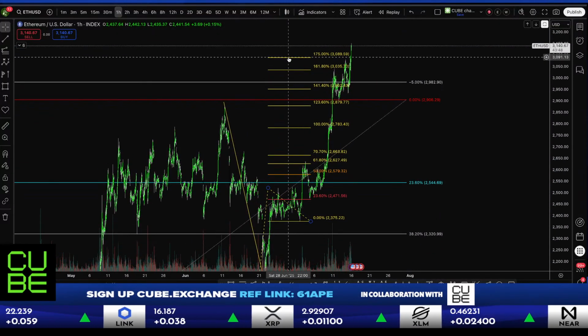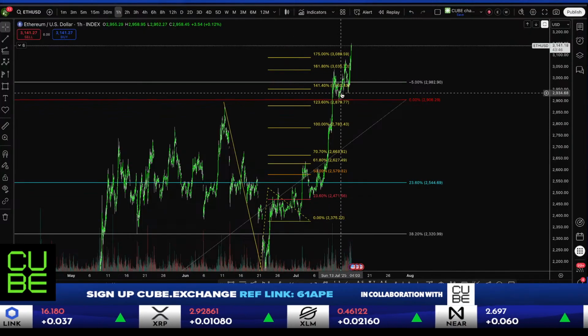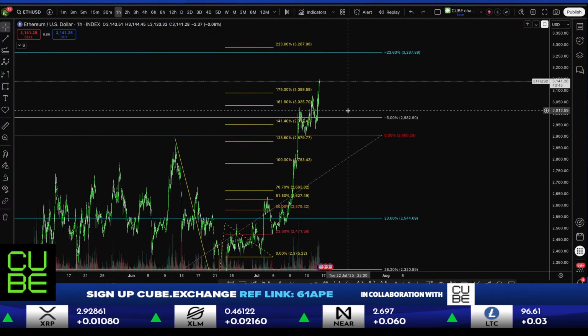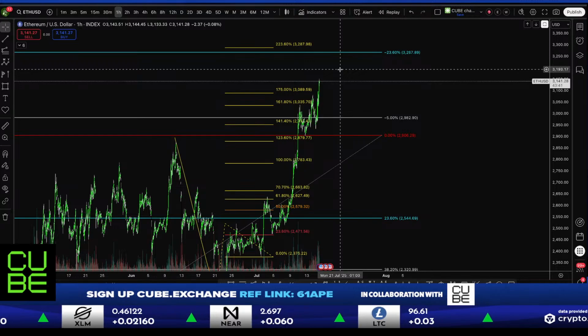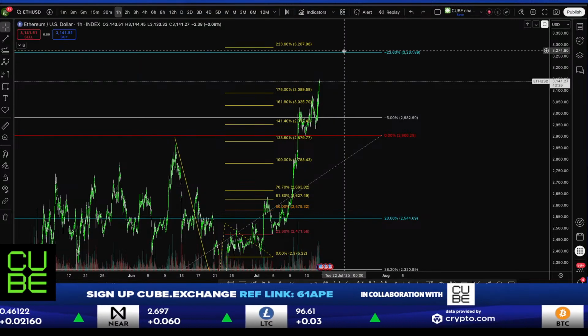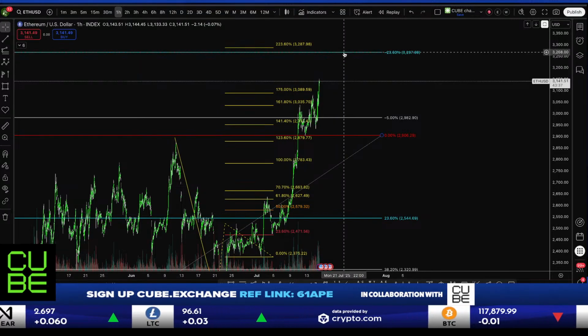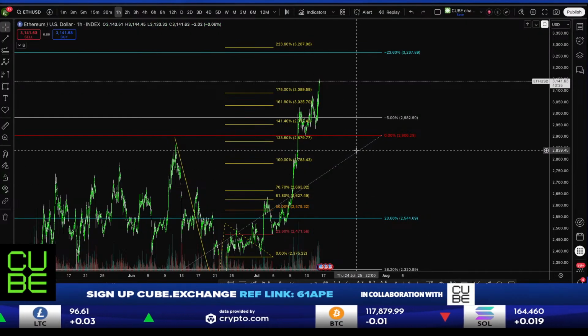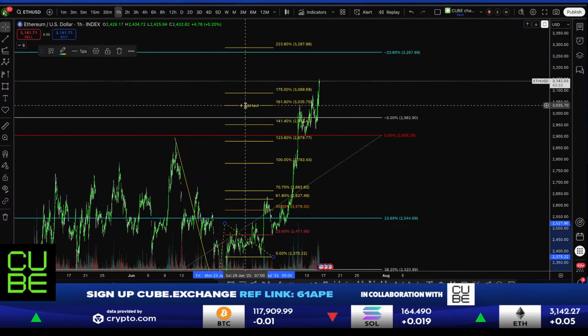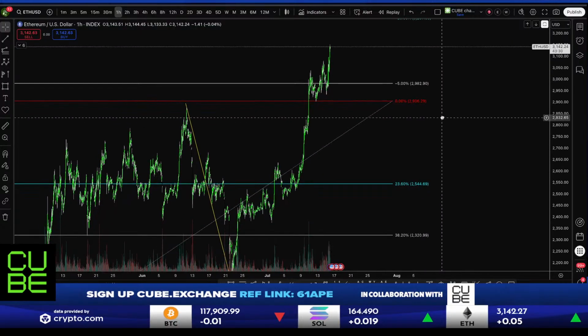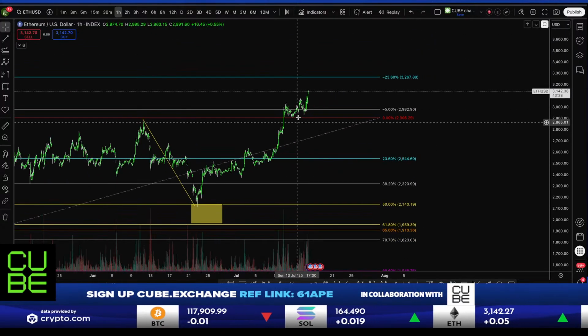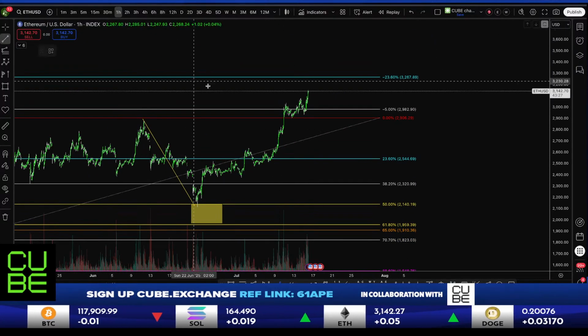Target would have been your 175, 1618 pullback. So where's the next place we're looking? 3200, likely 3267. Because if we look, and not using this one here, this looks like a bit of a consolidation throughout the day.